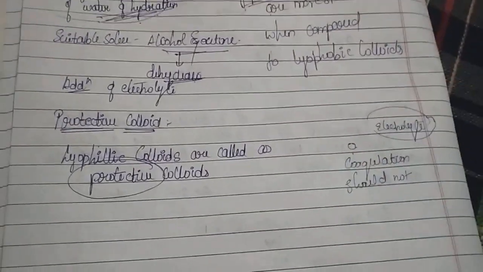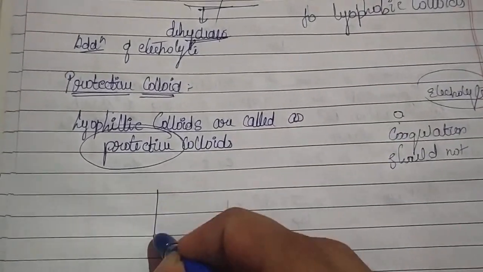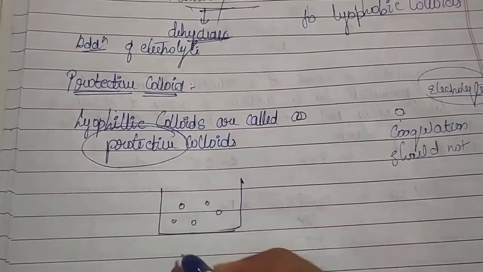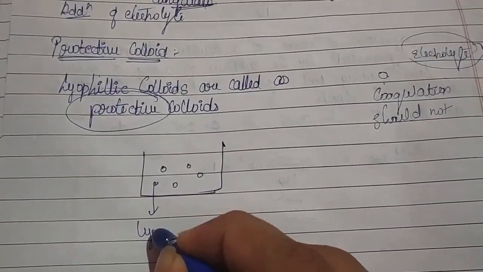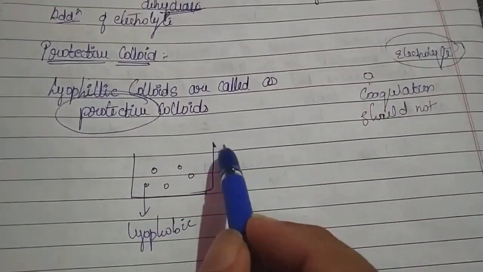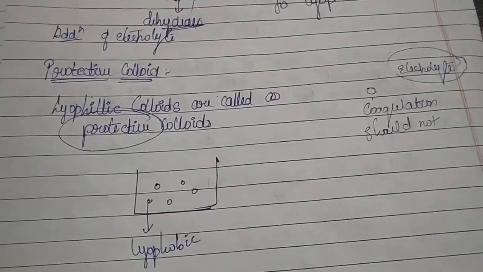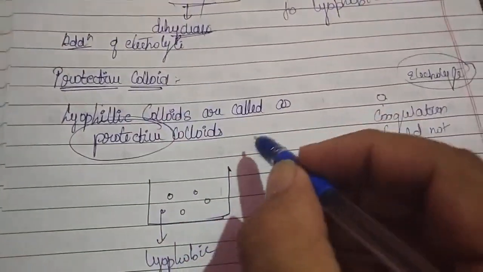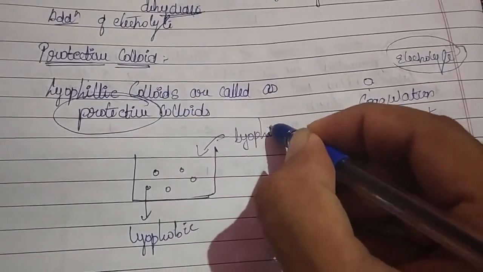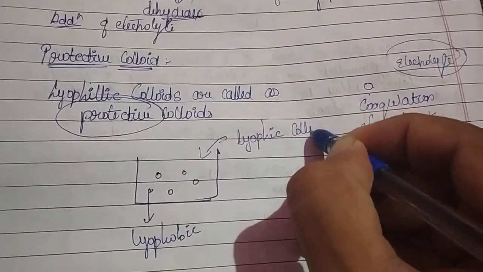Before the addition of electrolyte, in our system I would have my lyophobic colloidal particles first. In that system, before the addition of electrolyte, I will add some amount of lyophilic colloid.